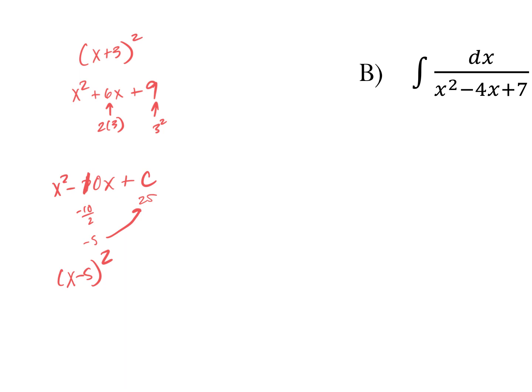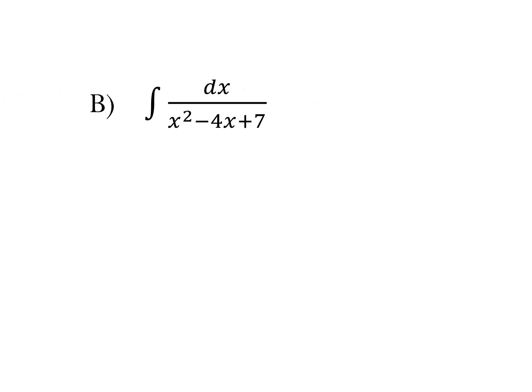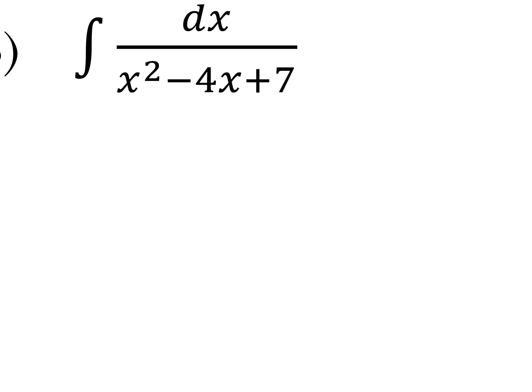Everybody good? So for right now, let's ignore the 7. Say I have x squared minus 4x plus something. What do I need that something to be so that I end up with a perfect square? 4.